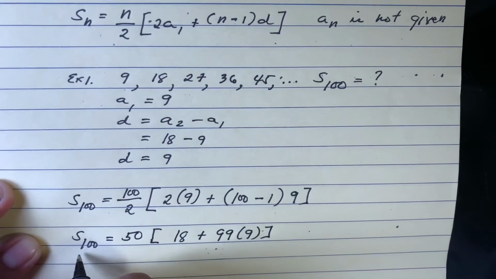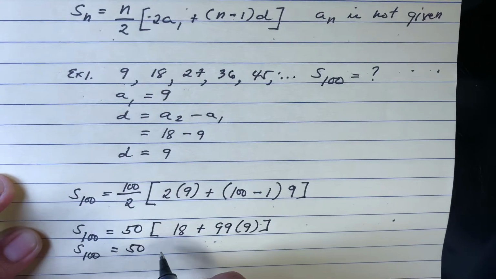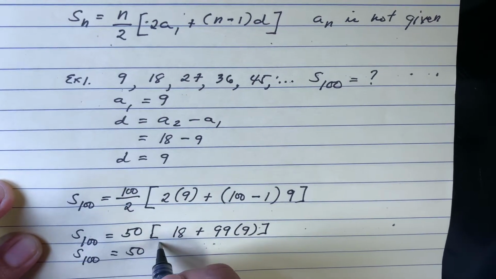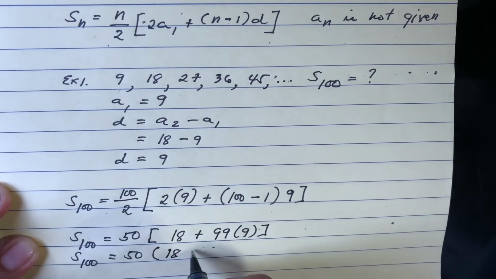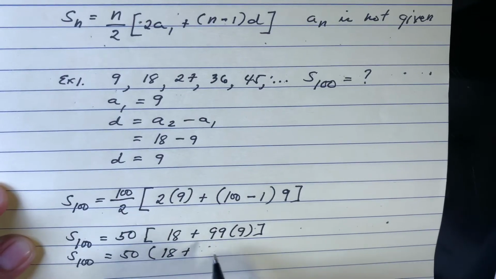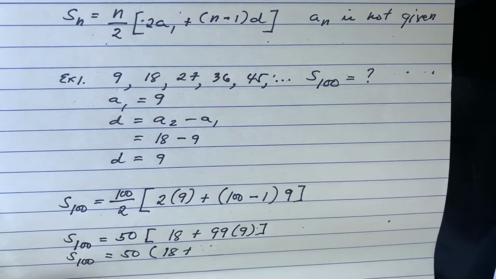Now, S sub 100 is equal to 50 multiplied by the sum of 18 plus the product of 99 times 9.